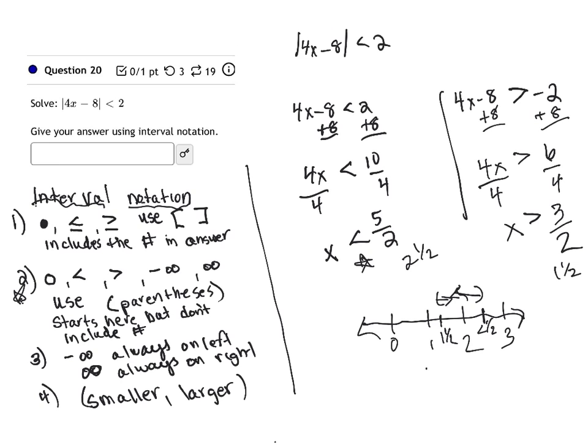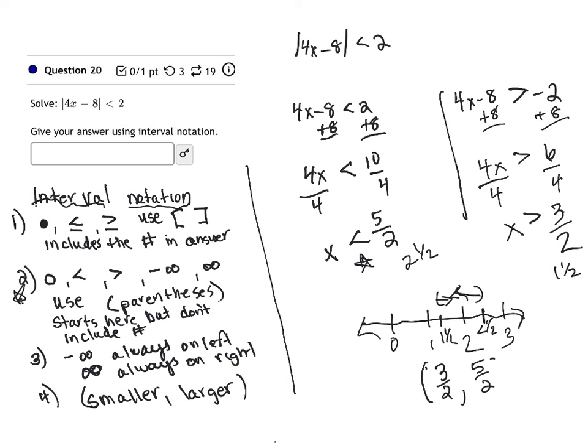So the smaller number will go on the left. That was the 1.5, which is the 3/2. Write your answer as an improper fraction. Don't put it as 1.5. They'll probably count it wrong. And notice we have the parenthesis because we're not including that. It was just the greater than, comma, then the larger number, that's the 2.5, which is the 5/2.